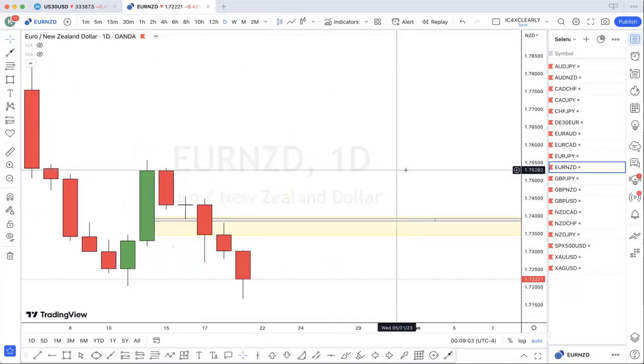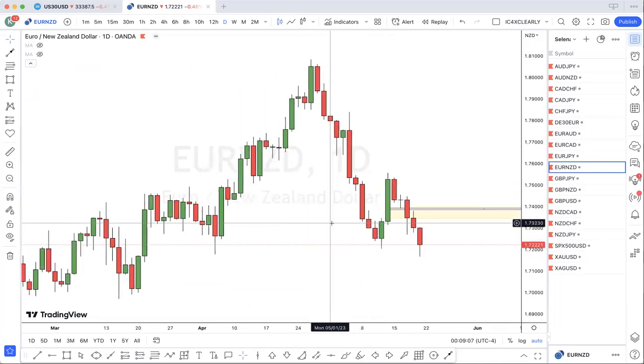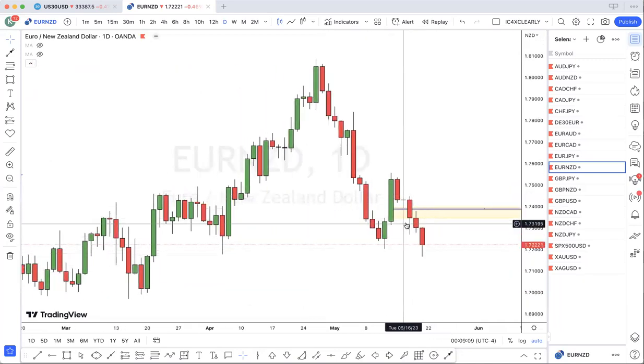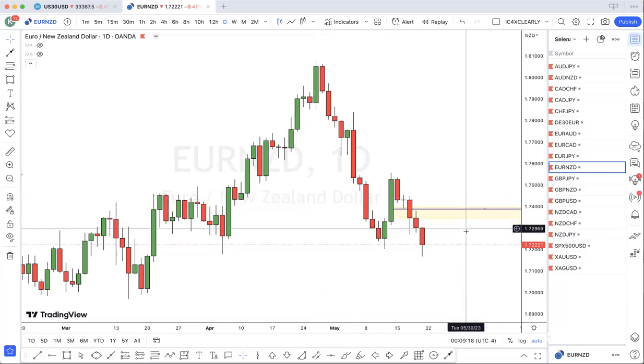So this is the order block that is breaking structure to the downside. So I would suspect price will tap into this imbalance or this order block for a continuation of a sell.